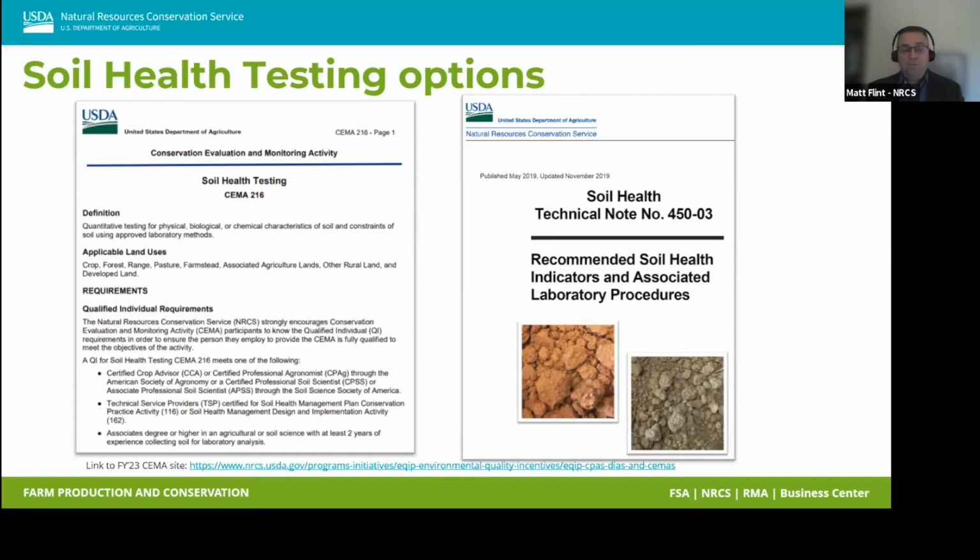This is an EQIP provided program opportunity for the participant to get the agreement and then hire a qualified individual like a certified crop advisor, a professional agronomist, or a technical service provider who's got certification for soil health management plans, etc. There's criteria. They hire this person to go out and develop a sampling plan, collect the samples, take them to the lab or ship them to the lab, and deliver the results back to the client. That's what this EQIP opportunity SEMA 216 is providing.